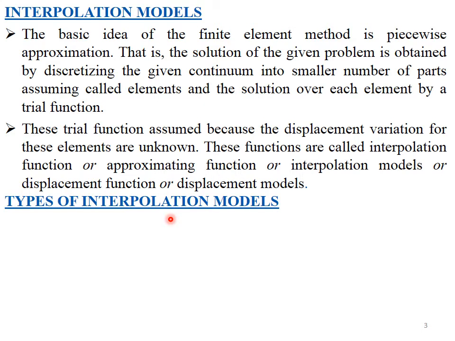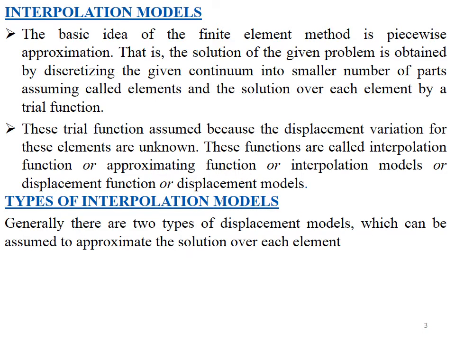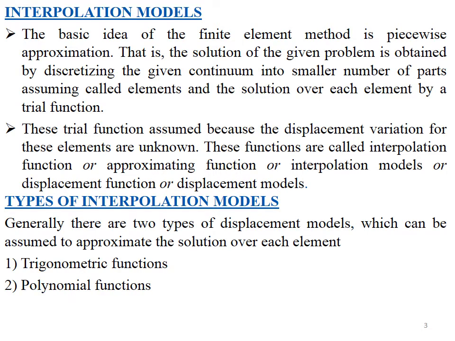What are the different types of interpolation models or interpolation polynomials that we choose over the elements? Generally there are two types of displacement models which are assumed to approximate the solution over each element. One is a trigonometric function and the other is a polynomial function.